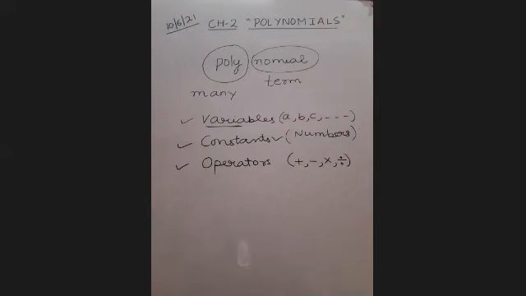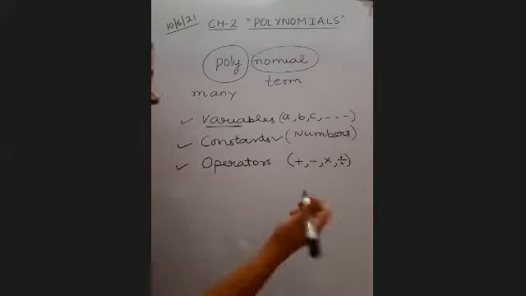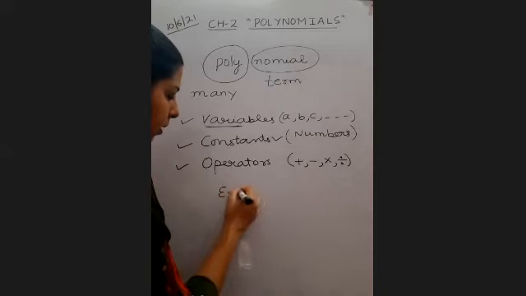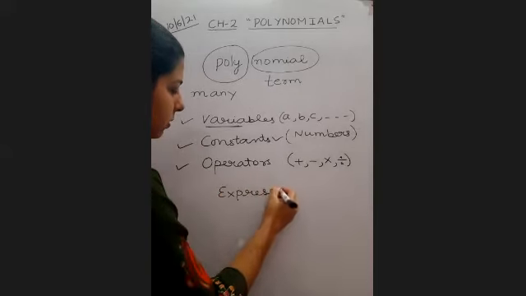Okay. So now, when we combine variables and constants with the help of operators, we get some expression. We call them algebraic expressions.